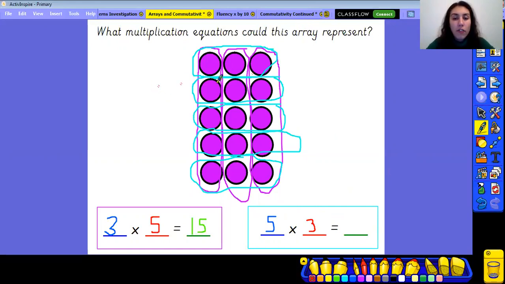But if you're not confident counting in your 3s yet, then you should know that your product here will be the same as your product in your other equation. And the product is the same, but the thing that's changed is my two factors are switched around. They're in a different order because multiplication is commutative.